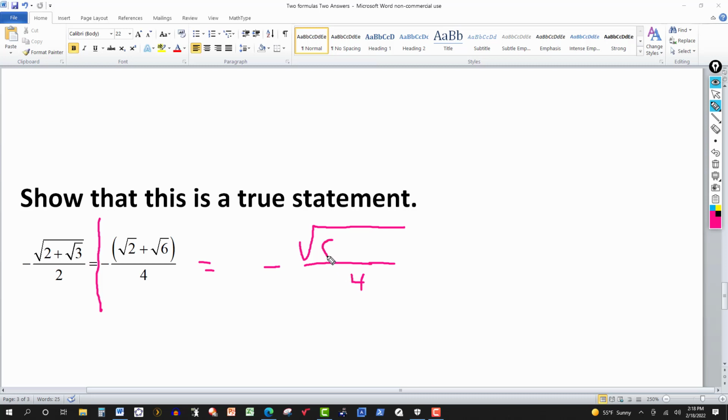Then I'm just going to say this is the square root of 2 plus the square root of 6, quantity squared. And you should agree with that, right? I just put a square there, that's fine, because I have a square root. So the square root of what I have in the radical is just going to give me what I have right here.